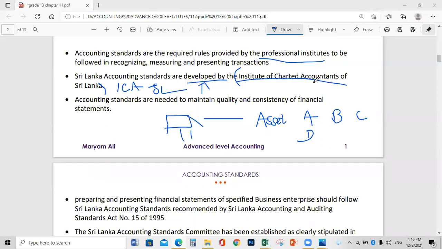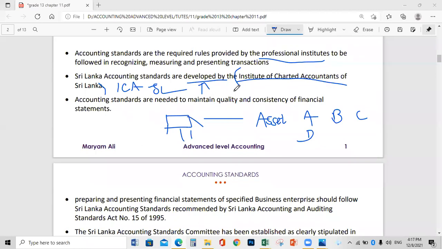So when stakeholders see A's information, they will think, this is a very good business, I'm going to invest in company A. But they really don't know that this company has cheated. But because of accounting standards, A can't do that. A knows if they do that, they're going against the law, and they will be punished.